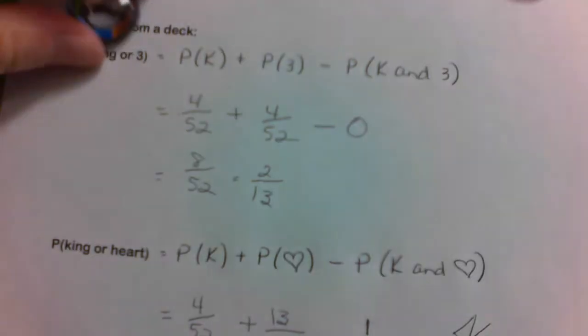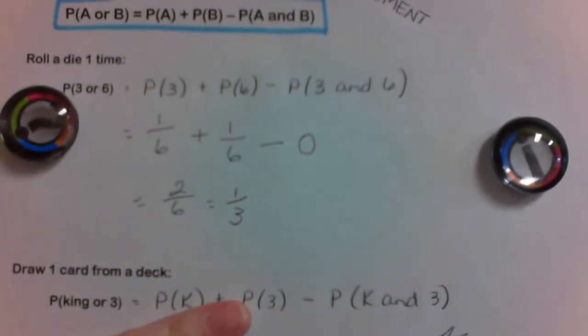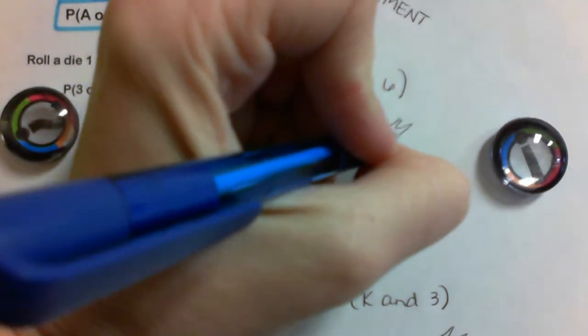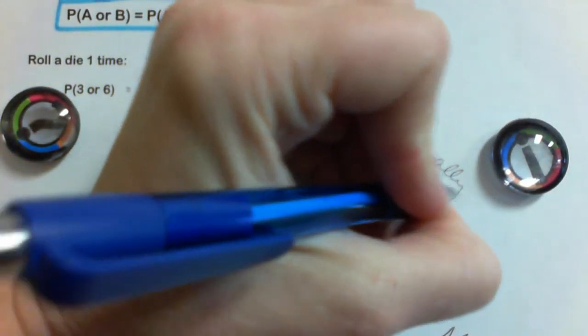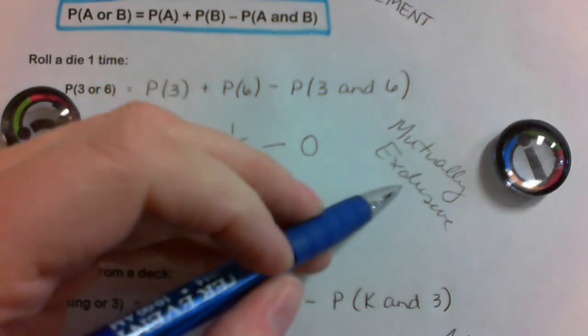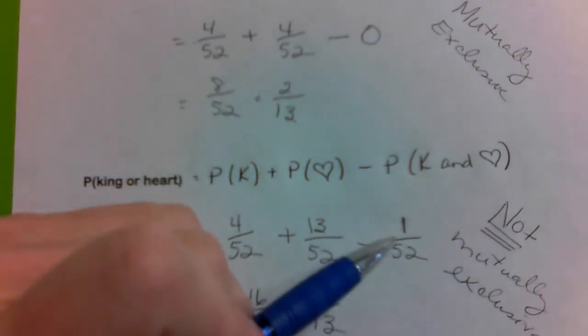But if we go back to the previous ones, a king and a 3 cannot occur together, so these are mutually exclusive because they cannot occur together, as well as getting a 3 and a 6 is mutually exclusive because they cannot occur at the same time. So if you'll notice, if your events are mutually exclusive, then this value will be 0. When they are not mutually exclusive, you will get a value other than 0.